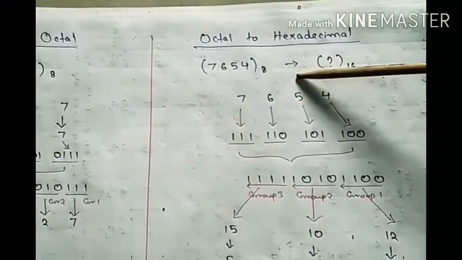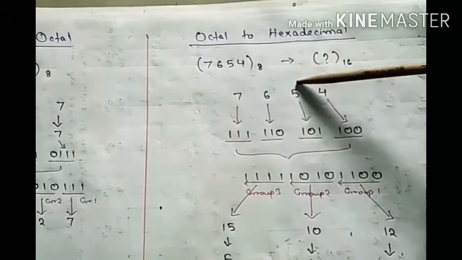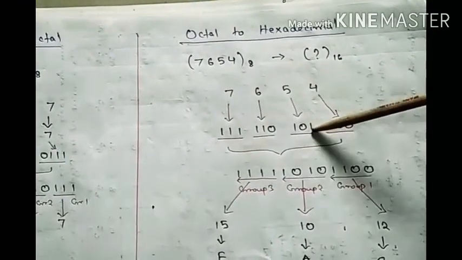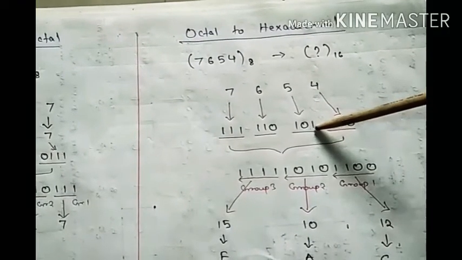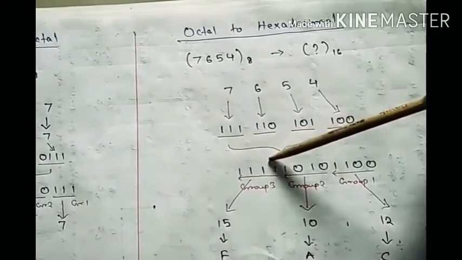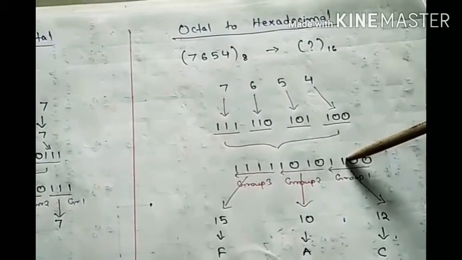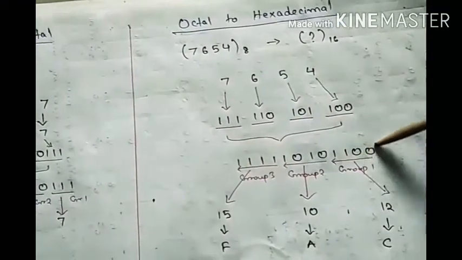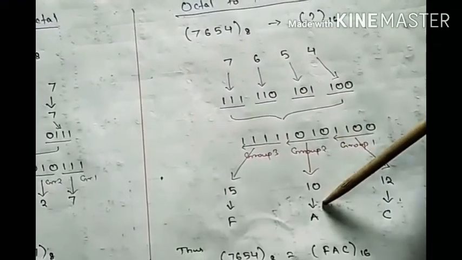Now in octal to hexadecimal conversion, we convert the octal number to a binary number first, then we make groups of 4 bits in the binary number and then convert that binary number to a hexadecimal number.